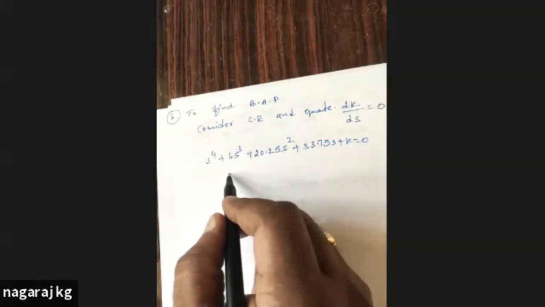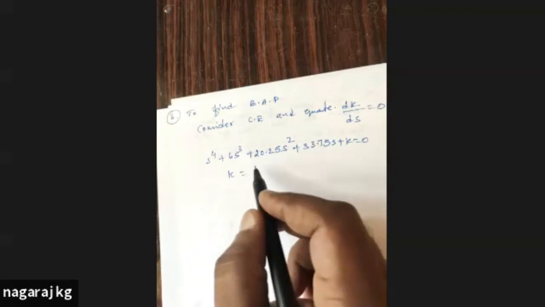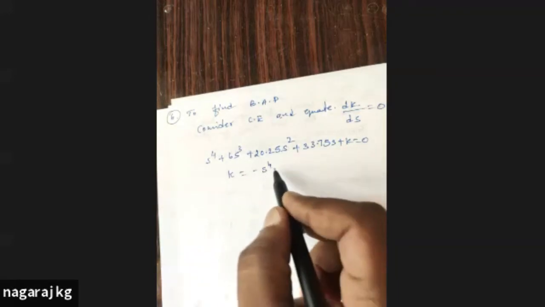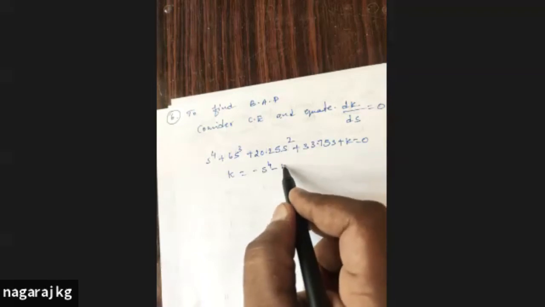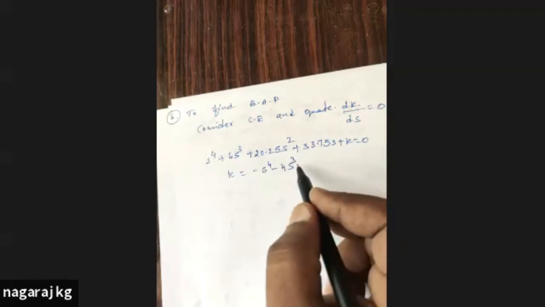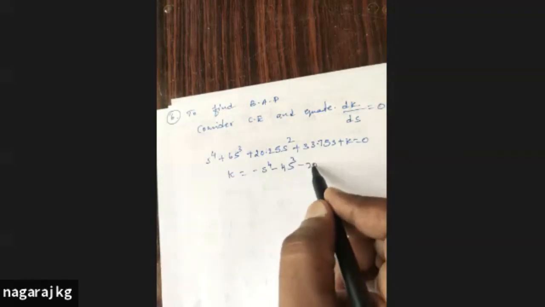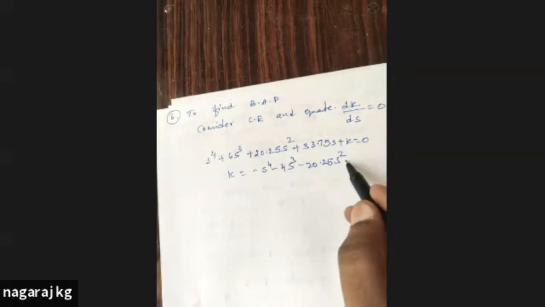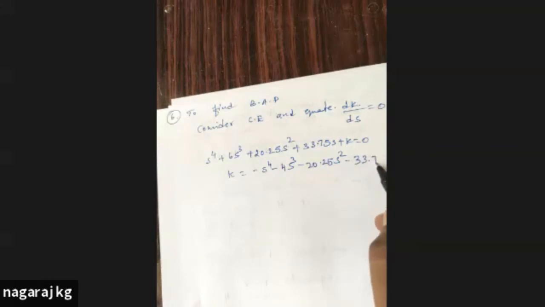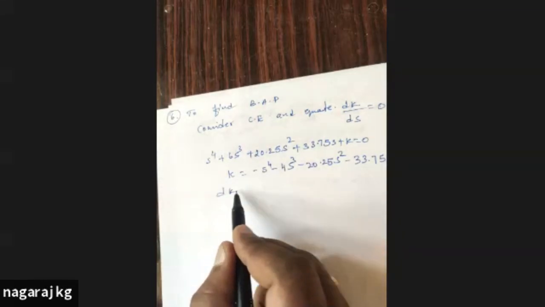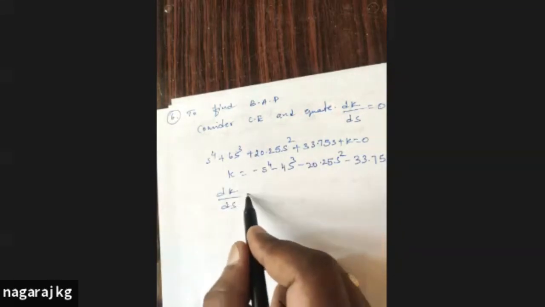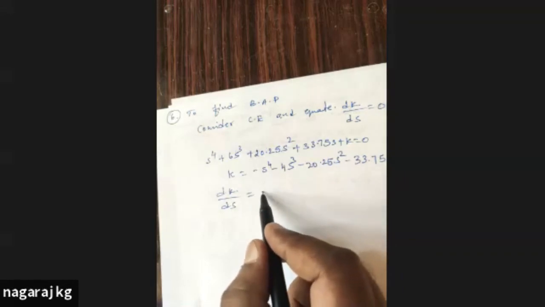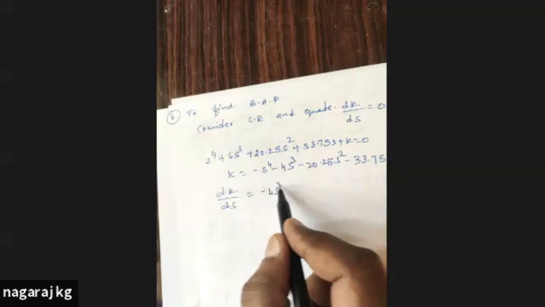For finding dk divided by ds, I'll take k is equal to minus s to the power of 4 minus 6s cubed minus 20.25 s squared minus 33.75 s. When you differentiate this with respect to s, you get dk divided by ds, and this must be equated to 0.